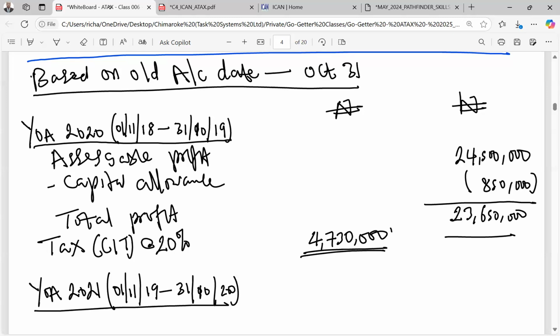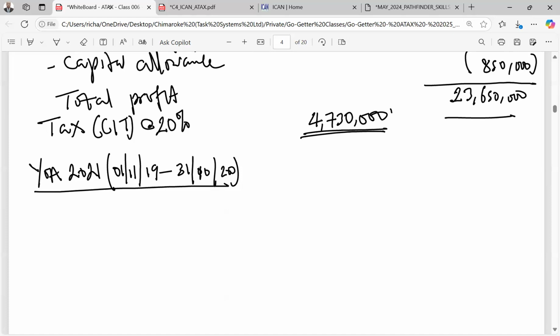The year we are considering is 2020, so it's going to be on preceding year basis, which must have an accounting date ending in 2019. Going to 2021, it must have an account ending in October 2020.